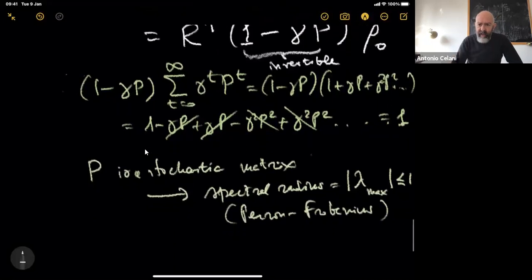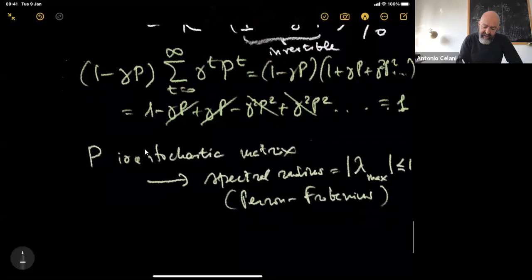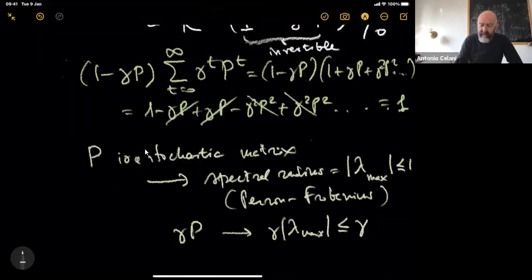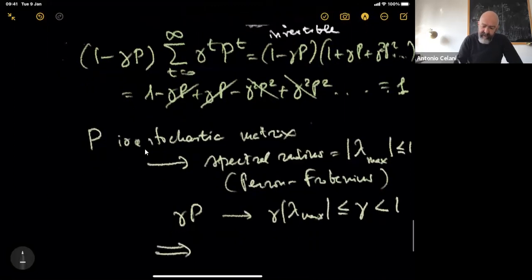But this is enough for us, because then the eigenvalues of gamma P cannot be larger than gamma times lambda max modulus, which is in turn smaller or equal than gamma, which is in turn smaller than 1. Therefore, this guarantees that 1 minus gamma P is invertible.